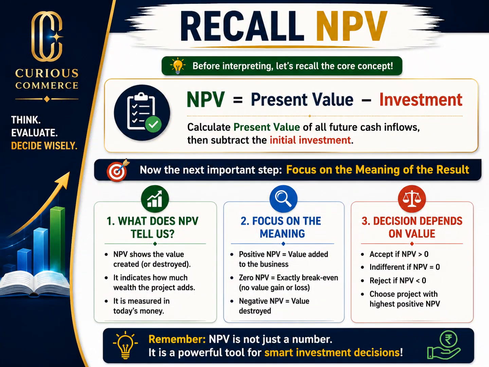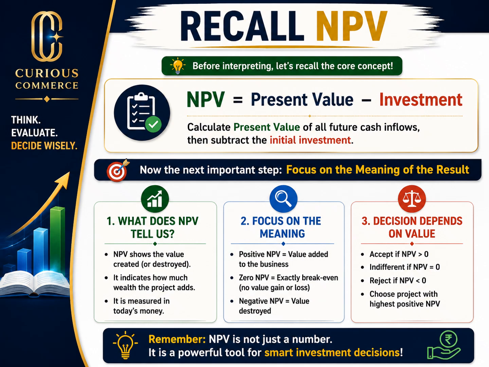Before we discuss the decision rules, let us quickly recall what NPV means. NPV stands for net present value. The basic formula is NPV equals the present value of future cash inflows minus the initial investment. The important point today is not the calculation, it is the interpretation of results.